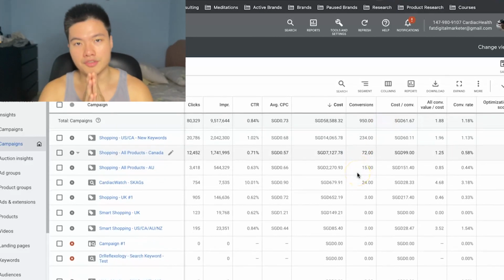For this particular store, we were running two main traffic sources. Number one is Google Ads, and number two was Bing Ads. Google Ads is responsible for about 85% of the sales, whereas Bing is anywhere from 15 to 20%, based on how well the month goes.